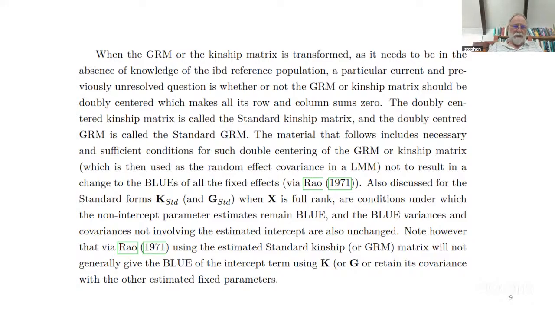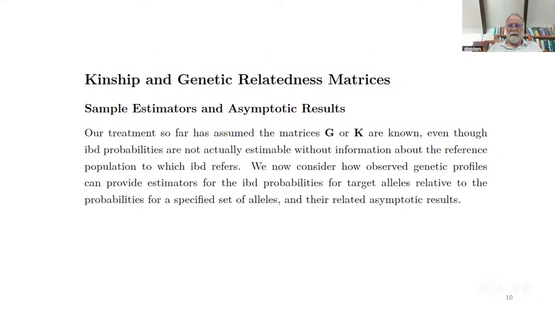But more things are possible if we don't use the standard one and use the other two estimators. So what I'm going to talk about quickly is what these genetic and kinship matrices are that we're using as a substitute.